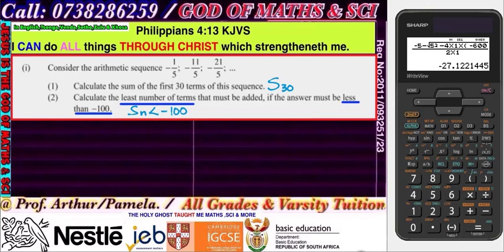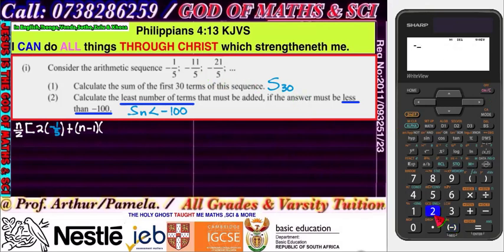So we already know on the left hand side, I'm going to put in that formula. So we've got n divided by 2, open the brackets, 2 times the a. We've got the a, that is -1 over 5, plus, open the parentheses, n minus 1, and we want the common difference.